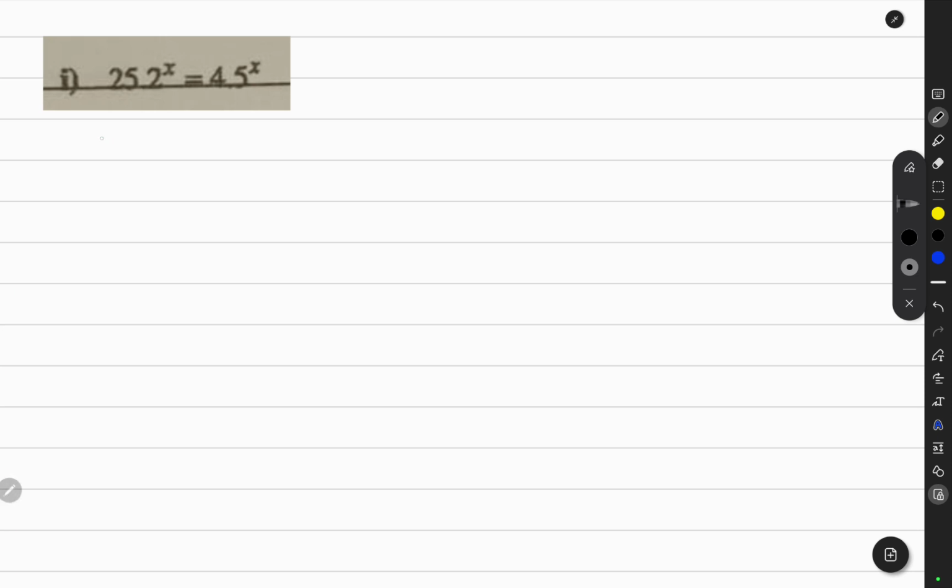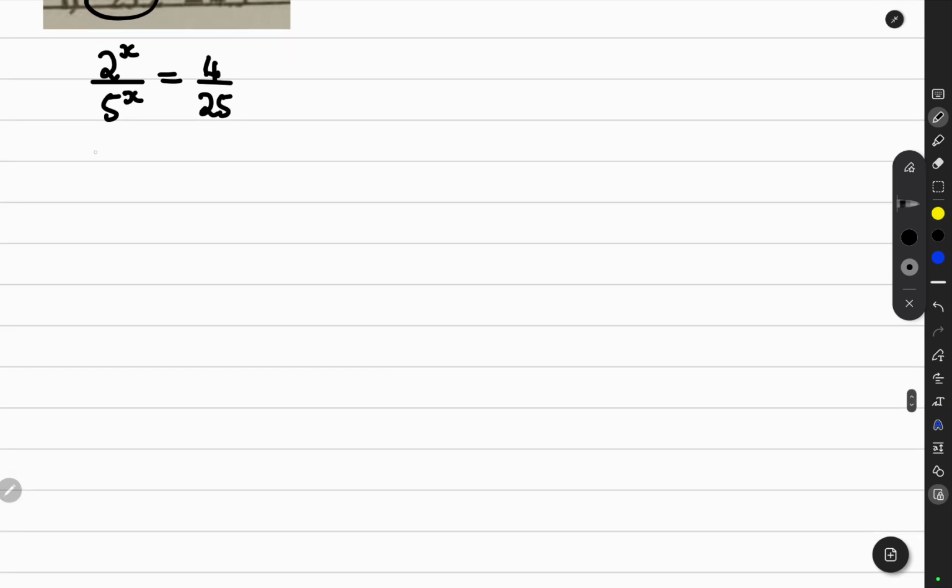Let's say 2 to the power x, we can divide here by 5 to the power x, so that I could have the x this side. All right, now let me divide by 25 there. I'm going to have 4 over 25.